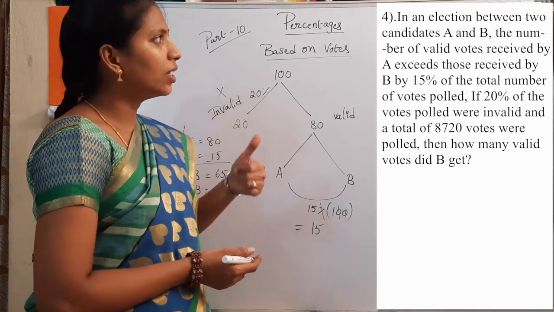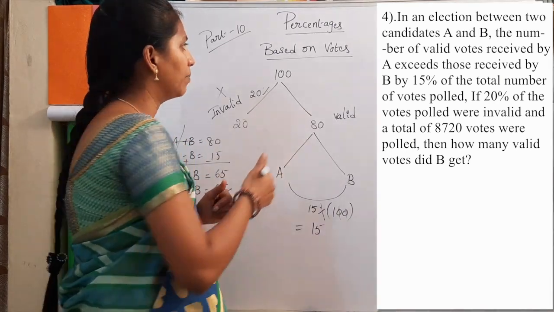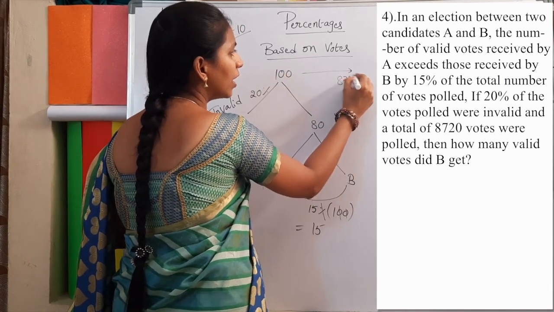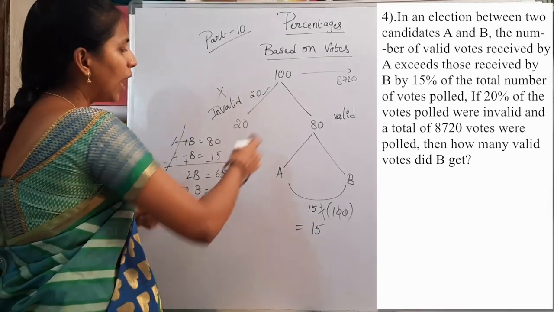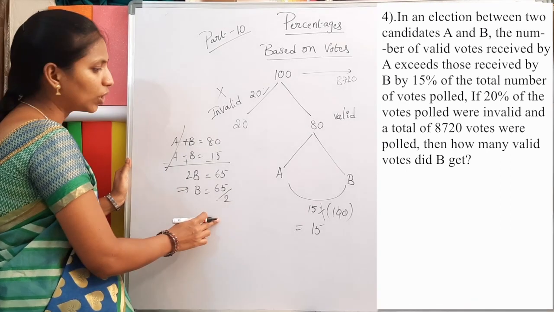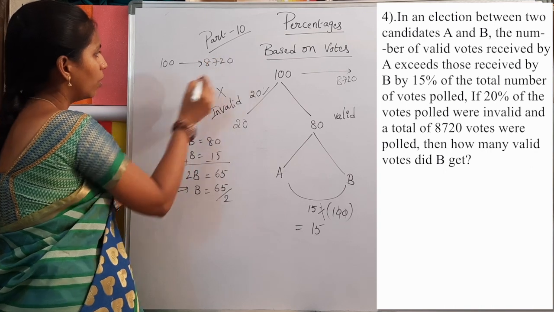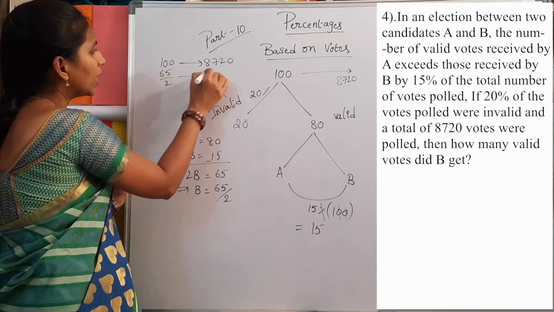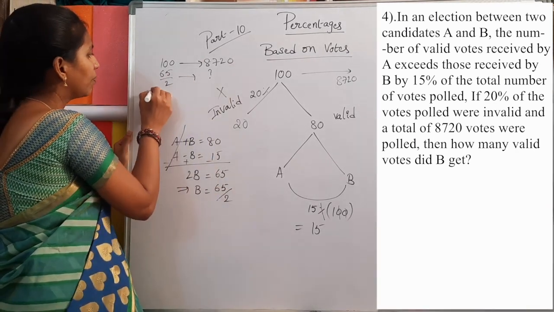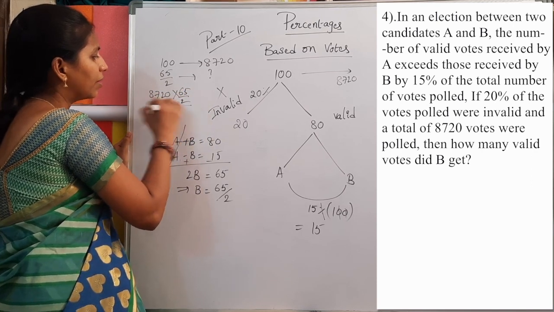Okay. In the question, the total number of votes is 8720. Here 100's corresponding value is 8720. We have to find the corresponding value of 65 by 2. Now see. 100's corresponding value is 8720. Then 65 by 2's corresponding value is what? Cross multiply. 8720 into 65 by 2 by 100.